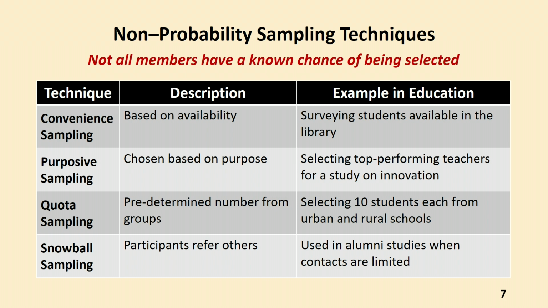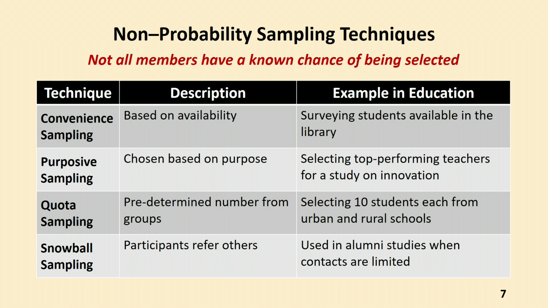Purposive sampling is chosen based on purpose, for example selecting top performing teachers for a study on innovation. Quota sampling: a predetermined number from groups, for example selecting 10 students each from urban and rural schools. Snowball sampling: participants refer others, used in alumni studies when contacts are limited.